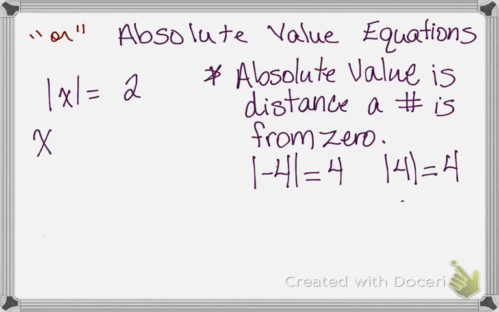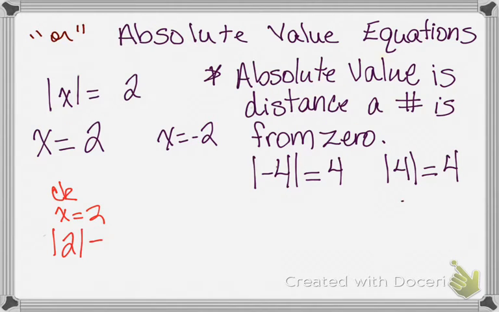X could be, excellent. X could be 2 and x could be -2. Because if I went to check it, if I check x equals 2 and I plug 2 in for x, what do I get? Still 2.